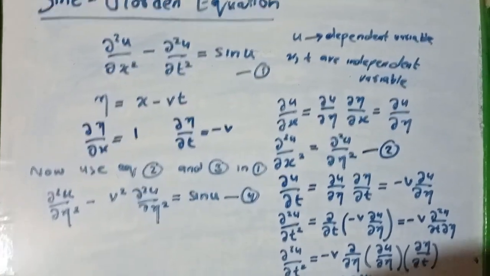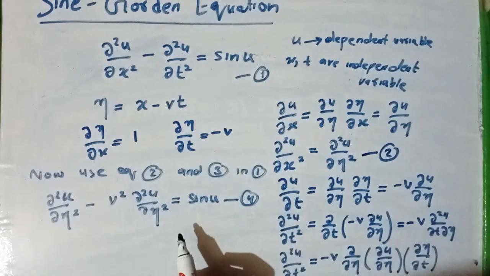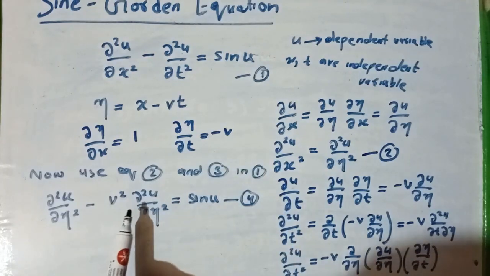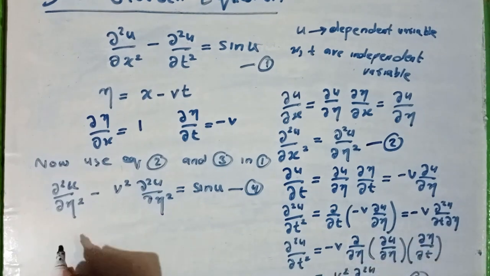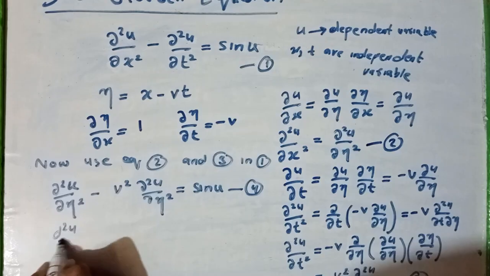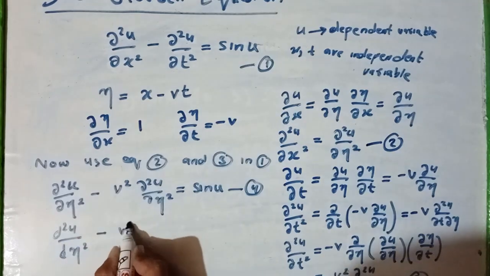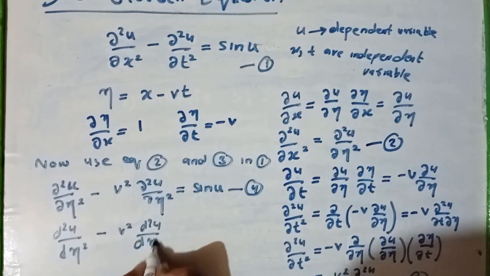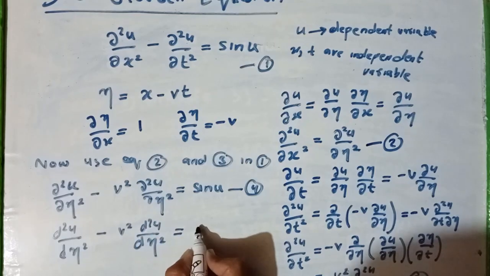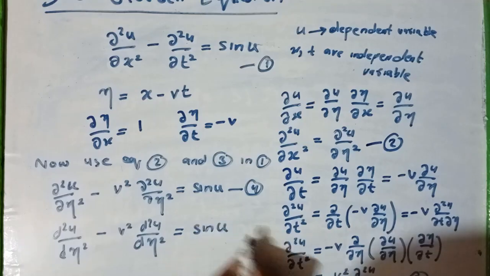Now we have converted equation 1 into a single independent variable, so we can transform the partial derivatives into ordinary derivatives. So this becomes d²u/dη² minus v² d²u/dη² is equal to sin u.